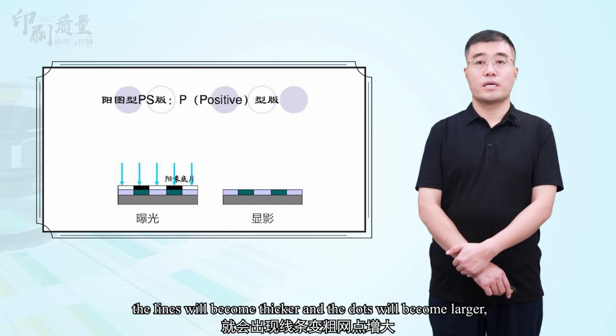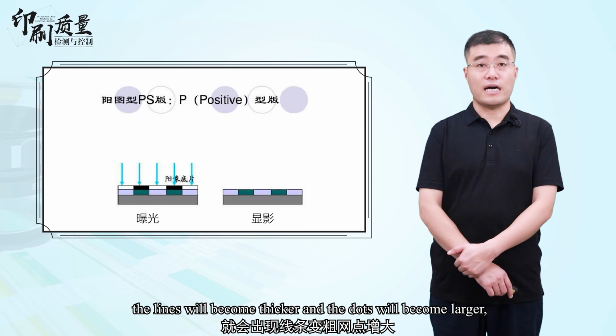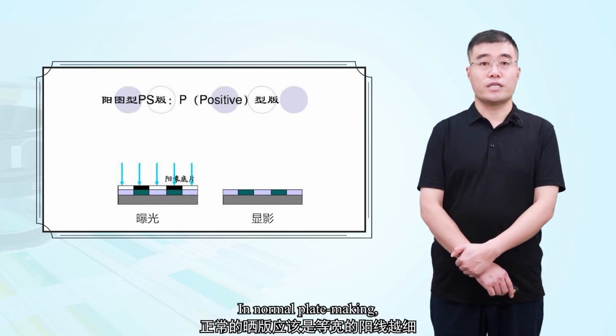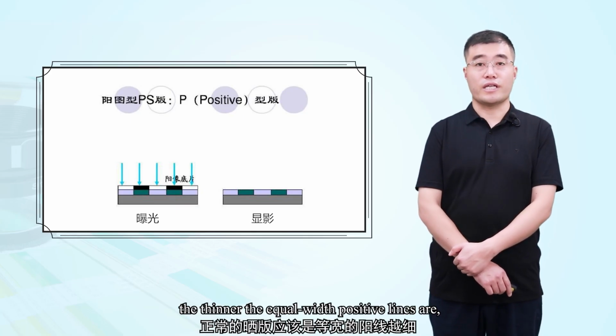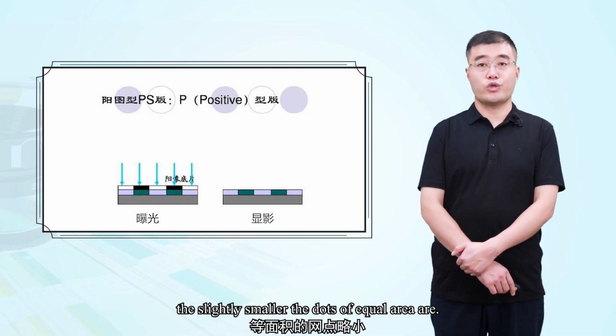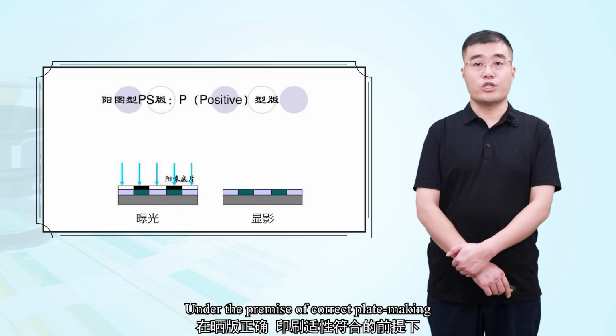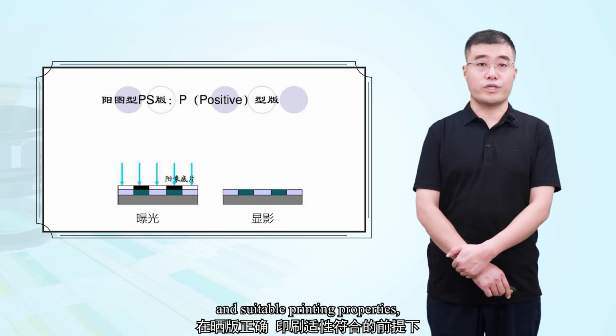On the contrary, the lines will become thicker and the dots will become larger, reflecting a state of unequal positive and negative areas. In normal plate making, the thinner the equal width positive lines are, the slightly smaller the dots of equal area are, under the premise of correct plate making and suitable printing properties.